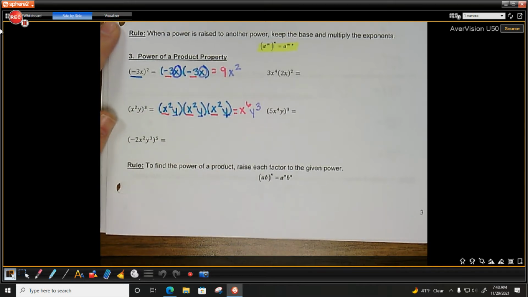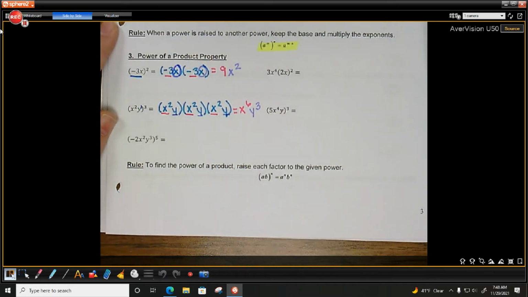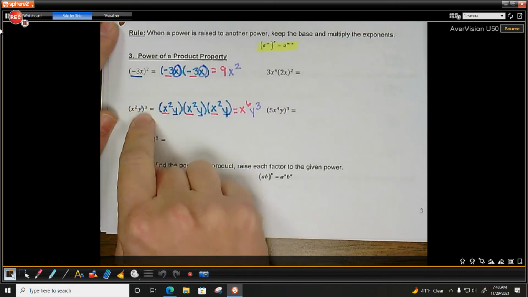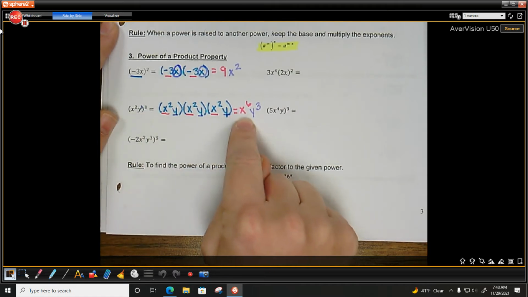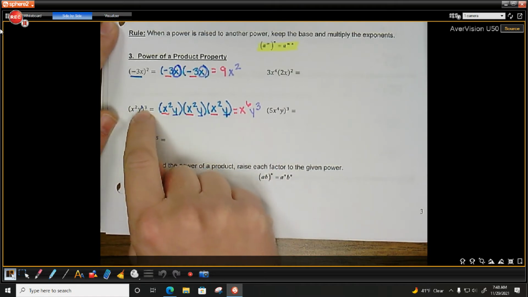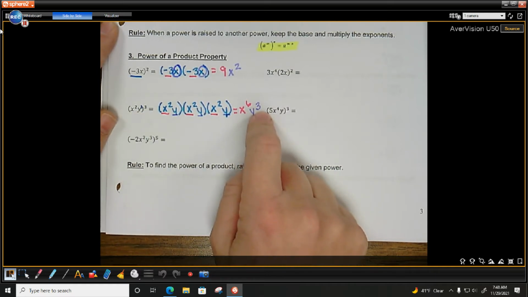So I'm going to put a y to the 1 to help me a little bit. So what's 2 times 3? Do I have x to the 6? Yep. What's 1 times 3? 3. So I have y to the 3rd. Okay, it's almost like you're distributing that exponent to both of the bases inside the parentheses.